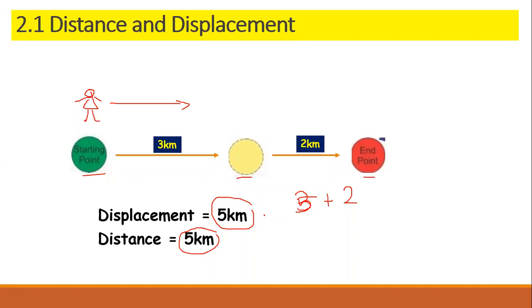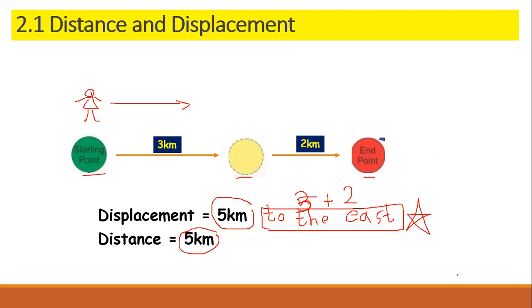So we have to tell it as 5 km to the east, or to the right side. We have to mention it. That is really, really important. Without mentioning it, we are not giving the displacement. And then I am moving to the next one.